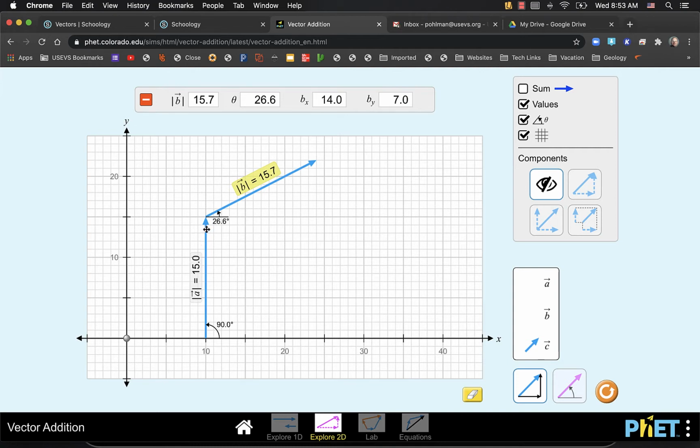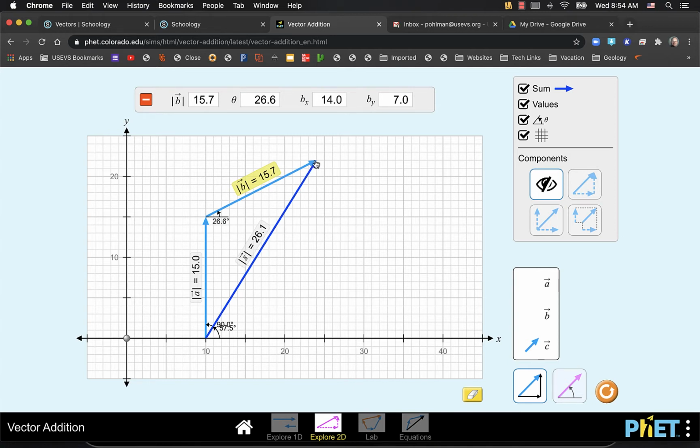We would need to get the x and y values for each one of these components. And then out of that, we would not form two separate triangles. Instead, we would say, all right, if I want to figure out what the x and y components would be for this resultant vector right here, if I look at the y-axis first, I know that this dark blue, or purple vector, that resultant, goes up to this point.